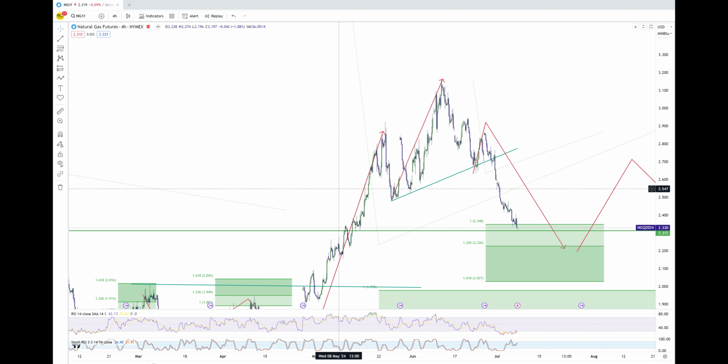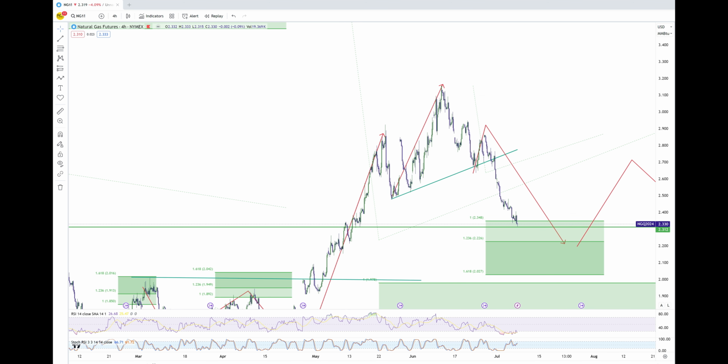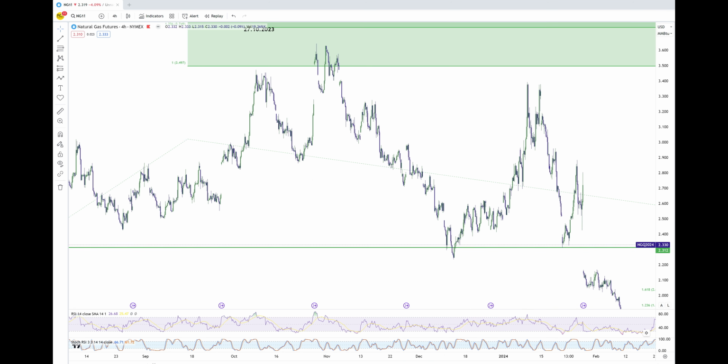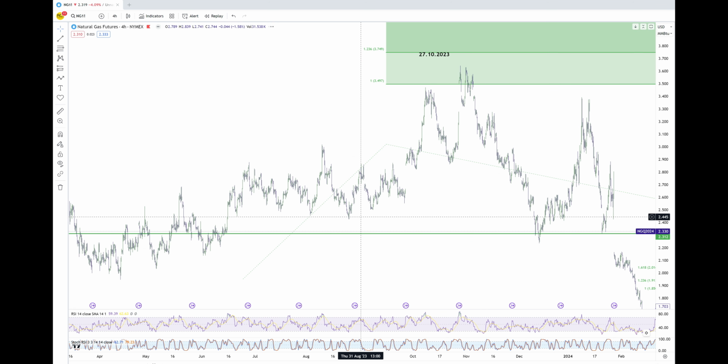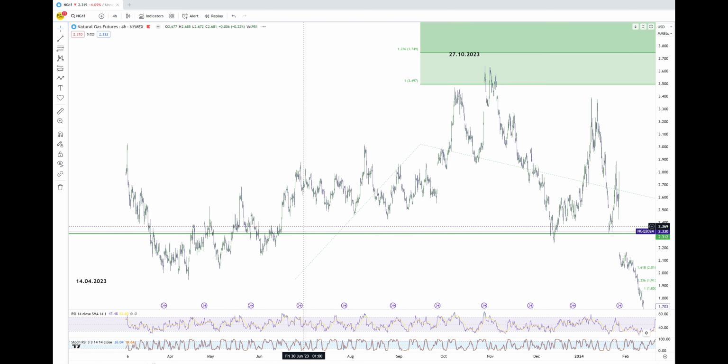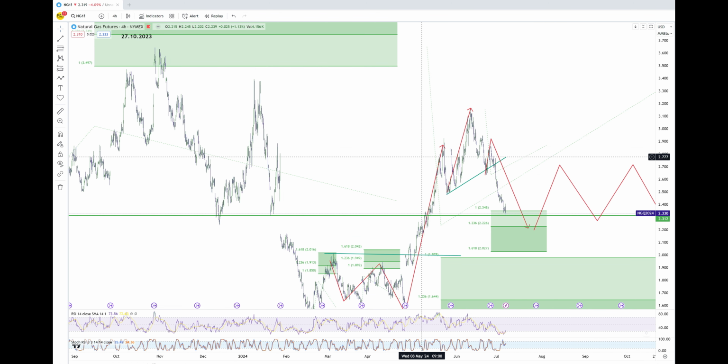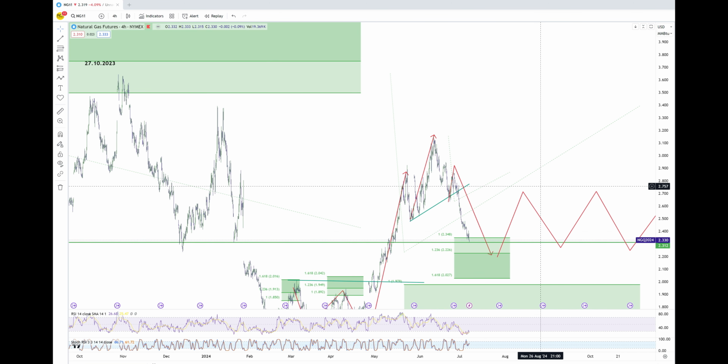So in our view, this market can remain controlled, so they can try to keep the prices under control for some extended period of time for the time being, something similar to what we have experienced over here before when we had this range between February 2023 into September. We can experience something similar right now. So these are our views for gas.